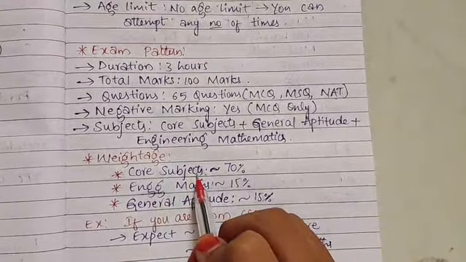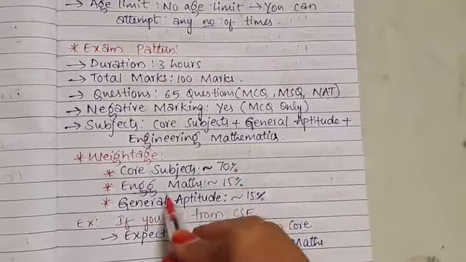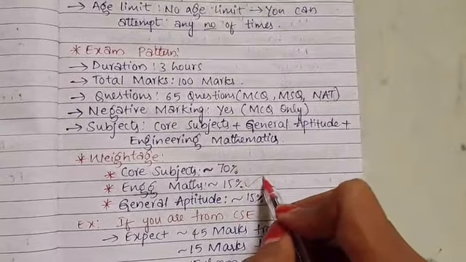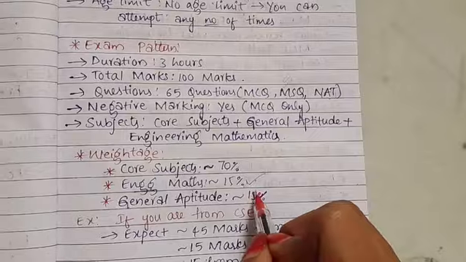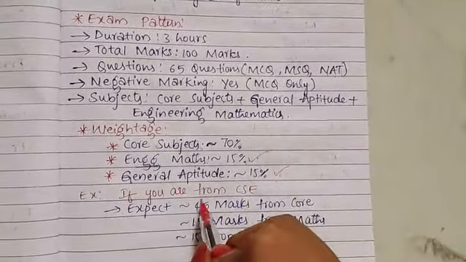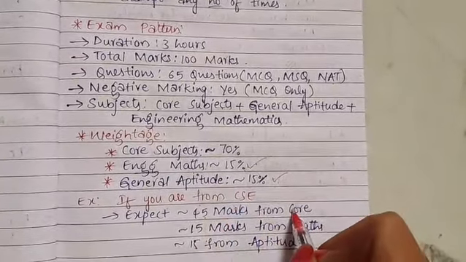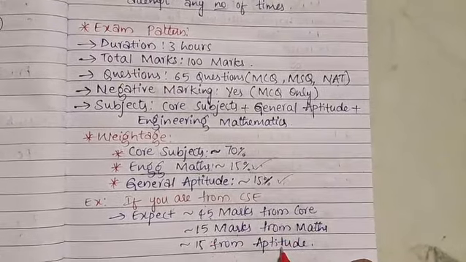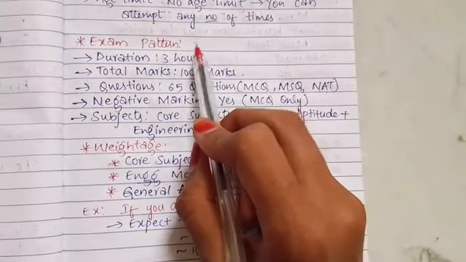For core subjects, the weightage is approximately 70%, for engineering maths approximately 15%, and general aptitude also covers 15%. If you are from CSE, you can expect 45 marks from the core, 15 marks from maths and 15 from aptitude. This is the exam pattern for the GATE exam.